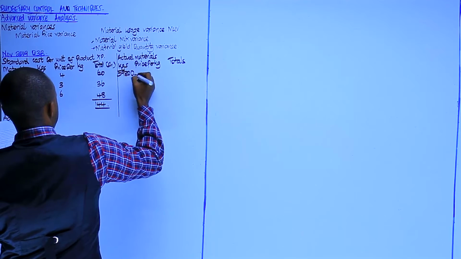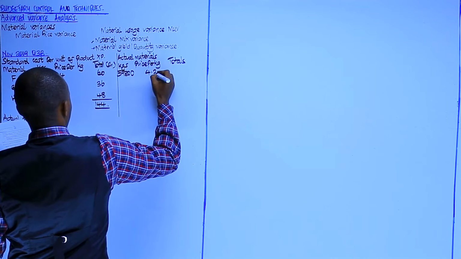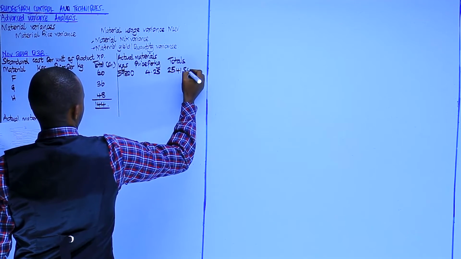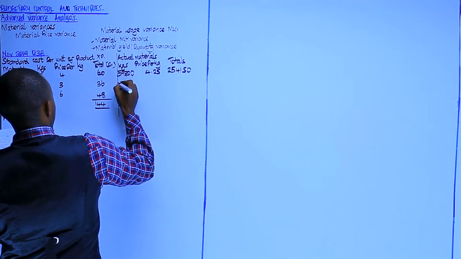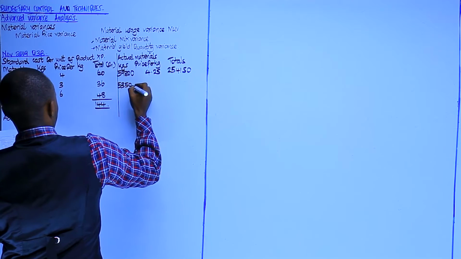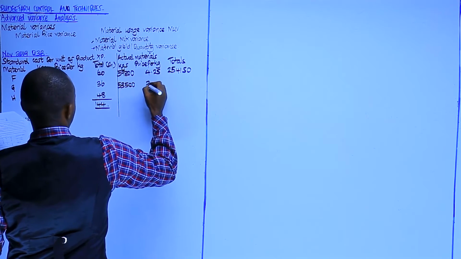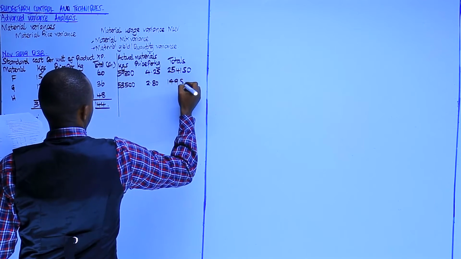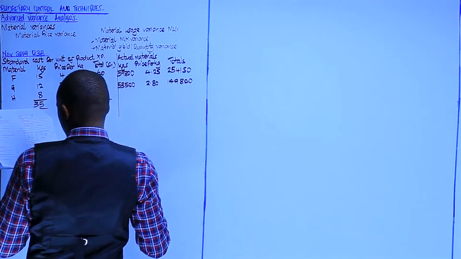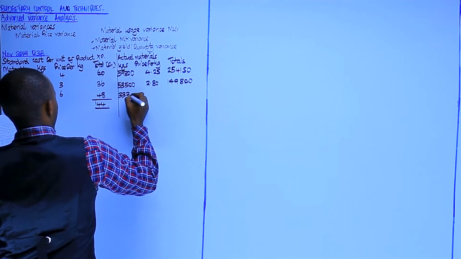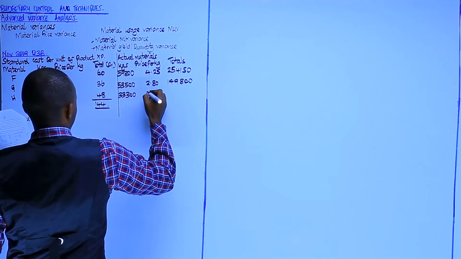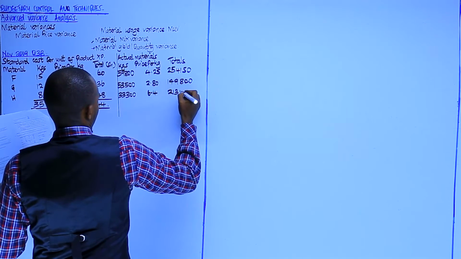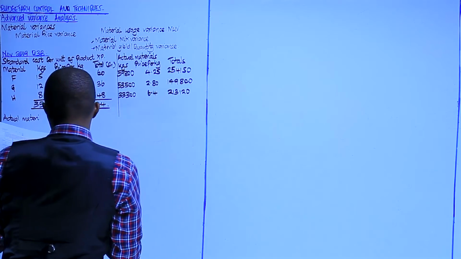For F, 59,800 kgs at a price of 4.25, total 254,150. For G, 53,500 kgs at 2.8, total 149,800. For H, 33,300 kgs at 6.4, total 213,120.